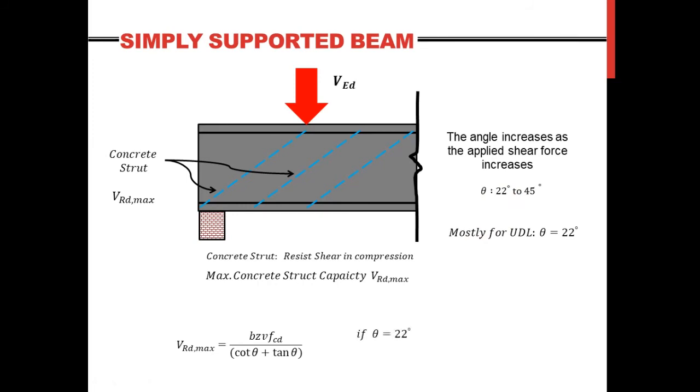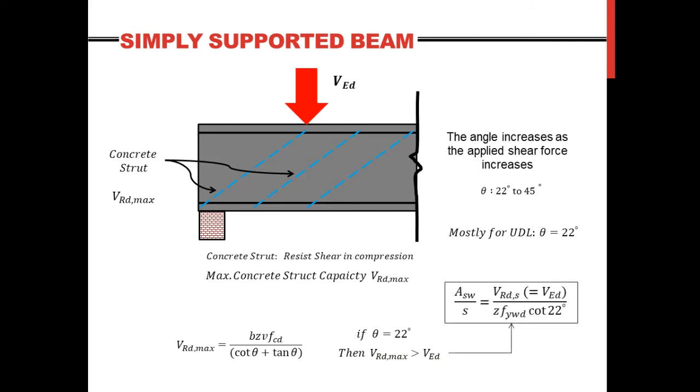So if theta is 22 degrees, then the VRd,max is larger than the VEd. Okay, this is what we are trying to get to. So what that piece of information tells me is that when I get back to assess my area of stirrups over its spacing, the previously unknown theta would now be known and is set to be 22 degrees.